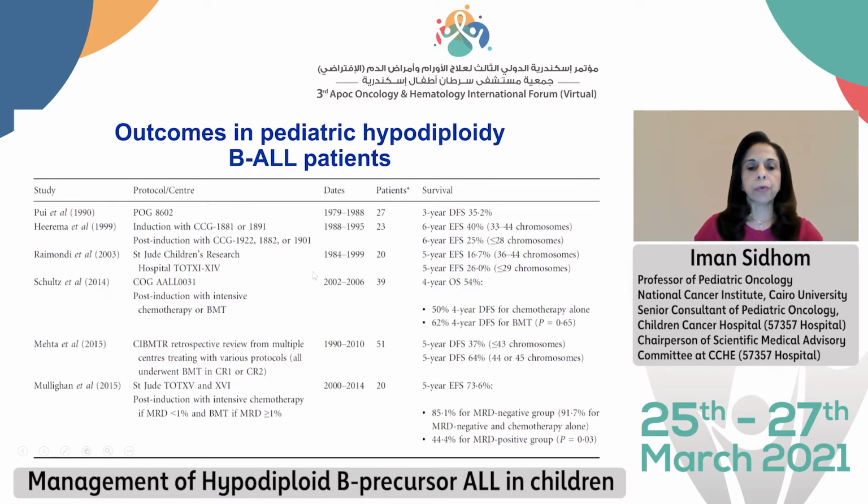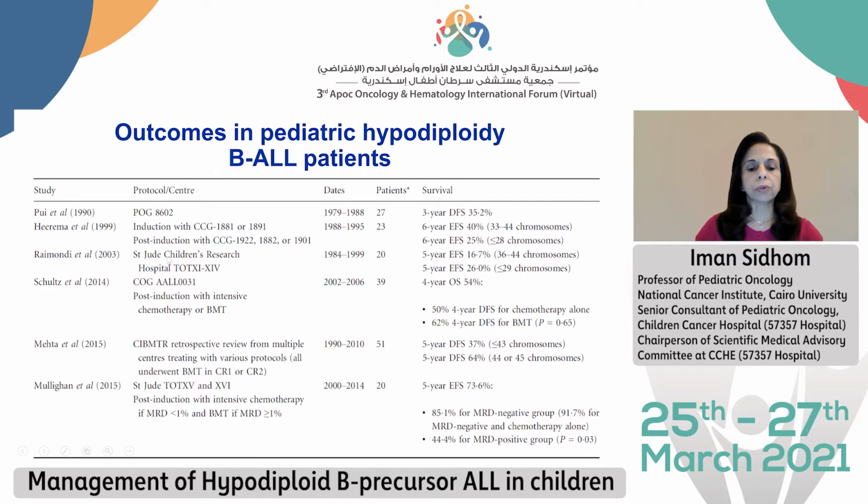Despite recent improvements in outcome of childhood ALL, patients with hypodiploid ALL have continued to fare poorly. In previous studies of ALL, outcome for patients with fewer than 45 chromosomes has been very poor.